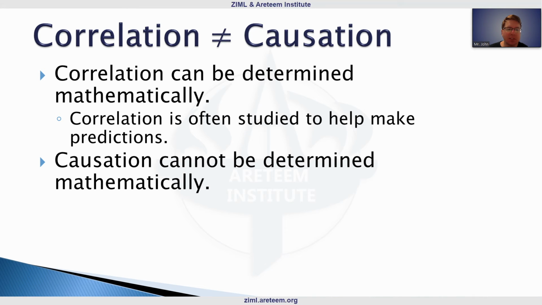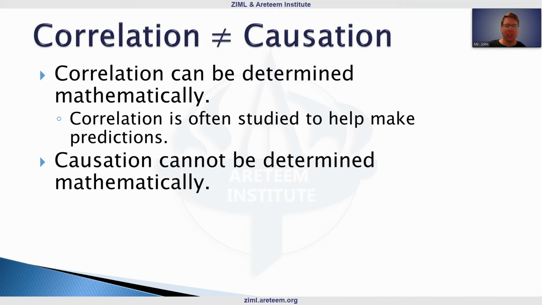I just want to stress here that causation cannot be determined mathematically. These things are more in physics or real world science. Does one thing cause another? You might have to worry about measuring that. But this is more of a why.